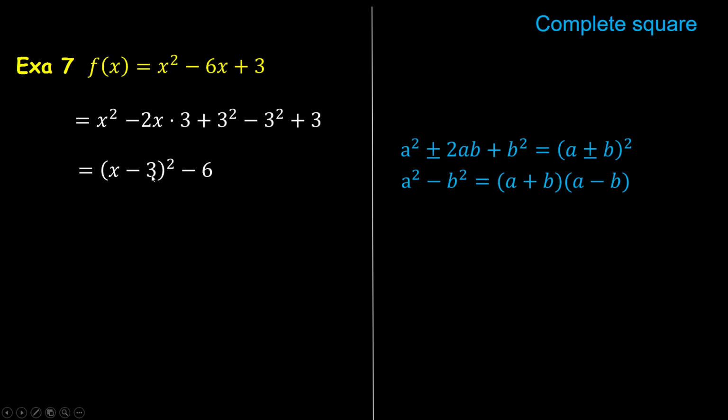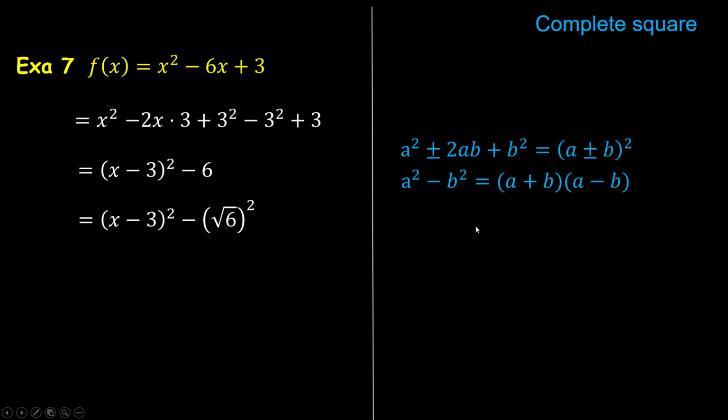And then here you have a negative 9 plus 3, that's a negative 6. Now, to factorize this, you apply the formula a squared minus b squared. This is our a squared, and for b squared, well, 6 is equal to the square root of 6 squared. So now here's your a squared and then b squared.